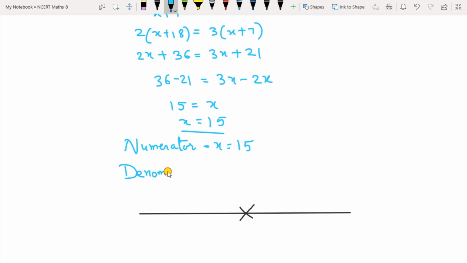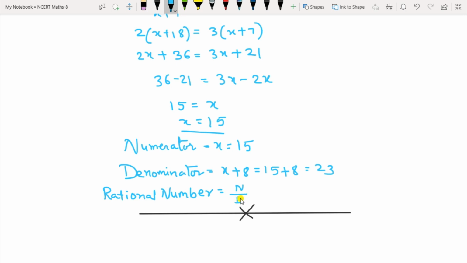So the denominator will be x plus 8, which is 15 plus 8, will be 23. So the rational number will be numerator upon denominator, which is 15 by 23. That is the answer. Okay.